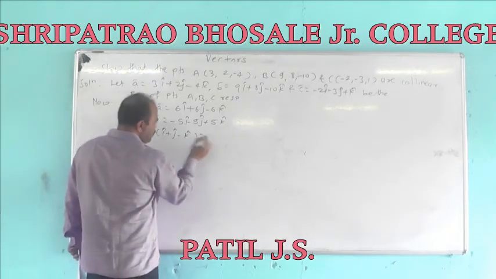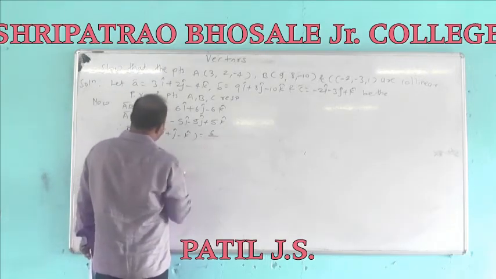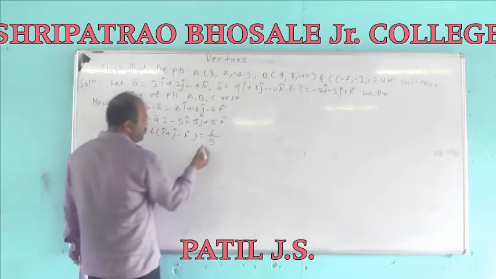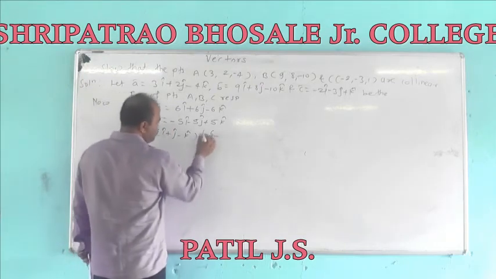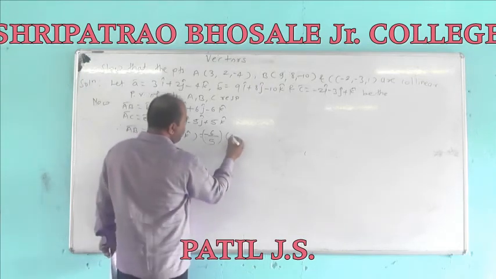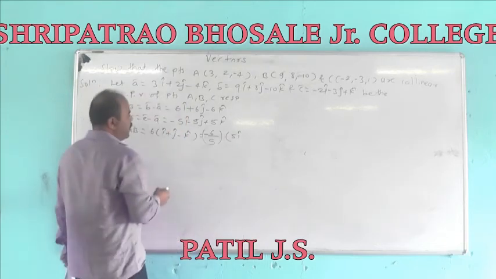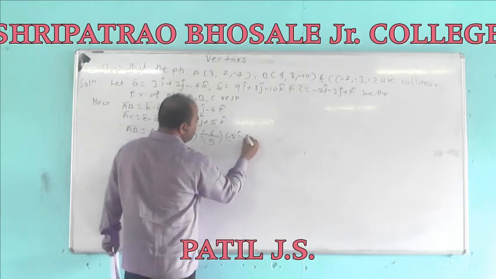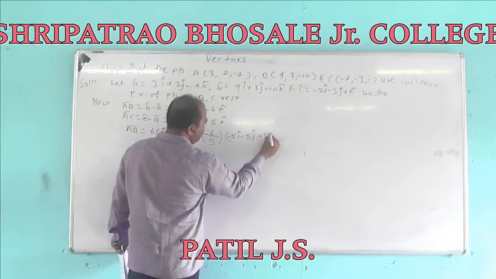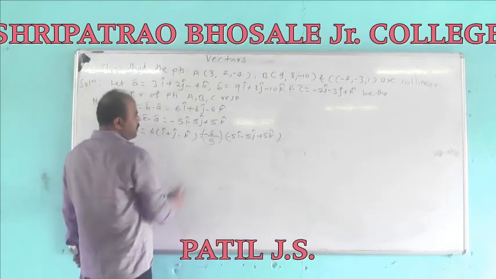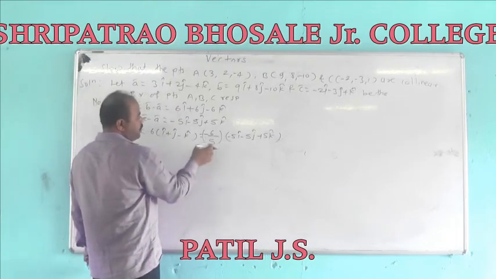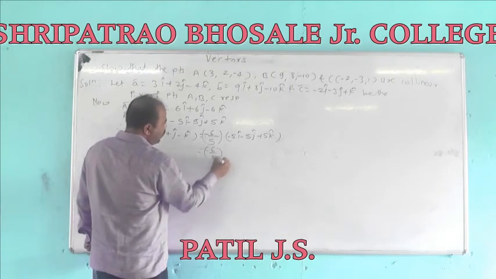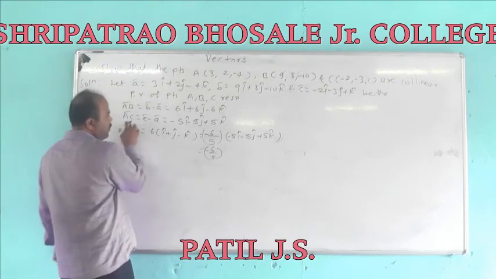That means we have to change 6 upon 5, that means minus 6 upon 5 into (minus 5i cap minus 5j cap plus 5k cap). This minus gets cancelled, and here 5 gets cancelled. That means this is equal to minus 6 upon 5, and this vector is AC.